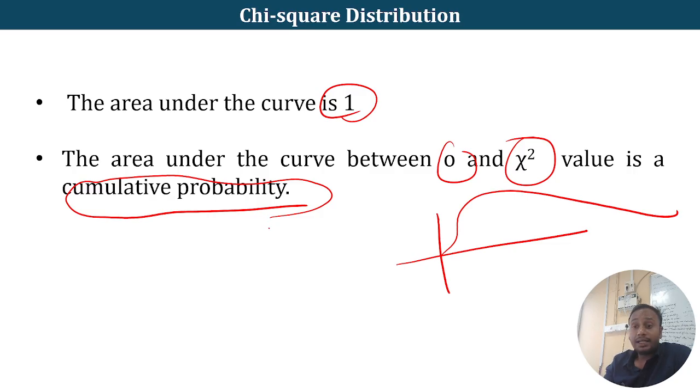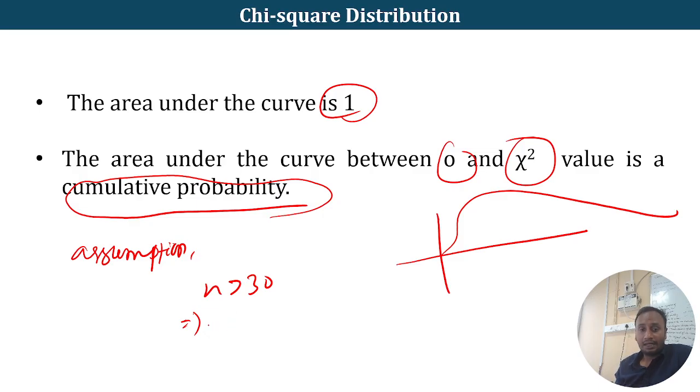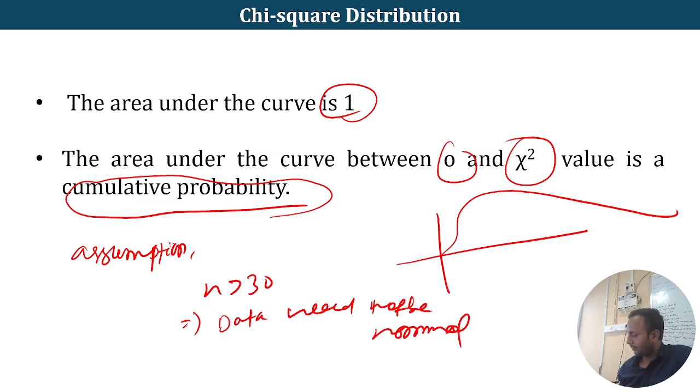What are the assumptions in this case? N should be more than 30. Sometimes we will know the standard deviations also, and the data need not be normal. What are the applications of the chi-square test?